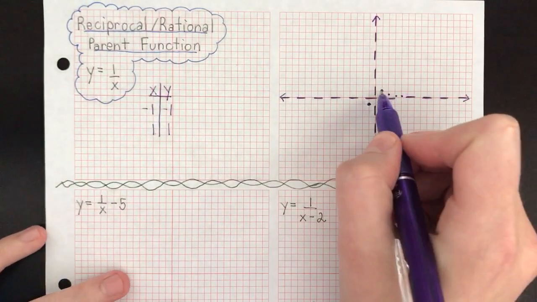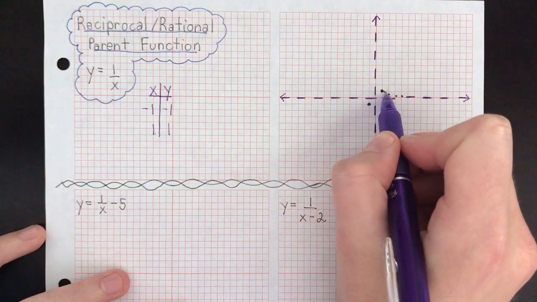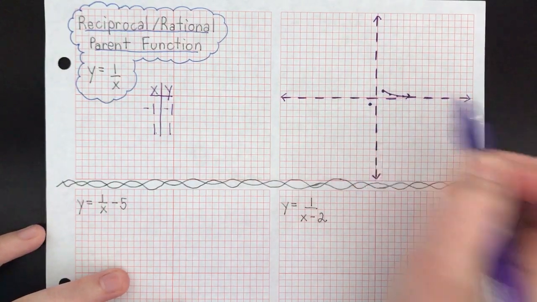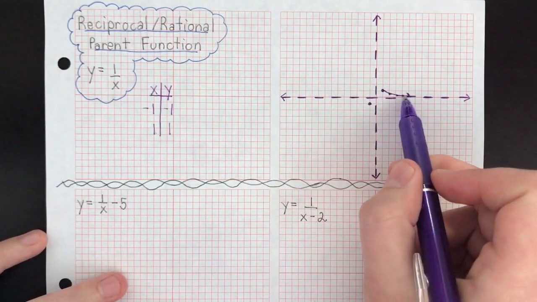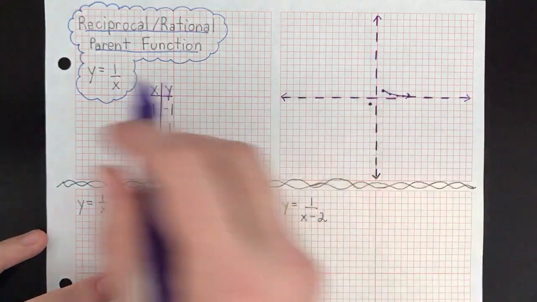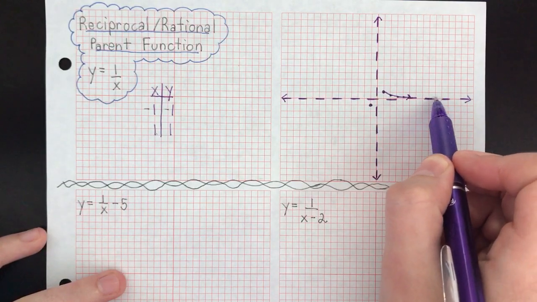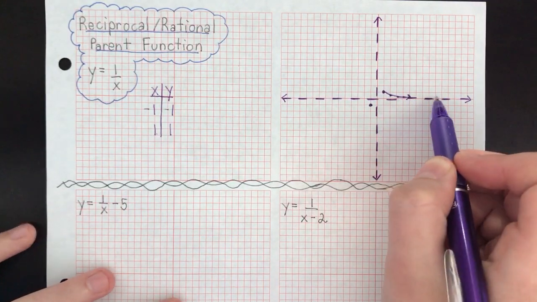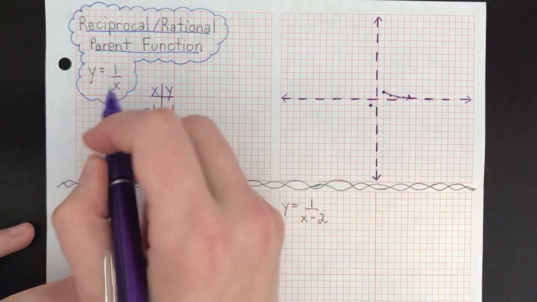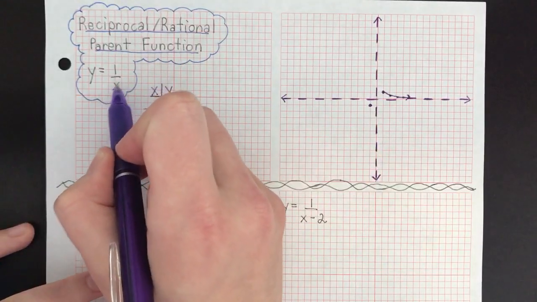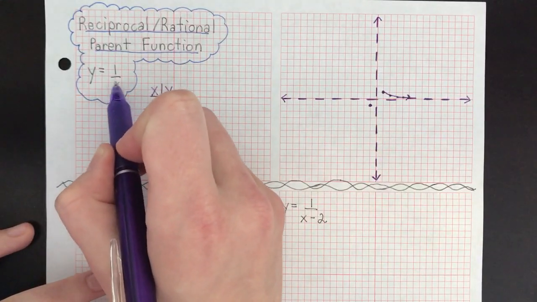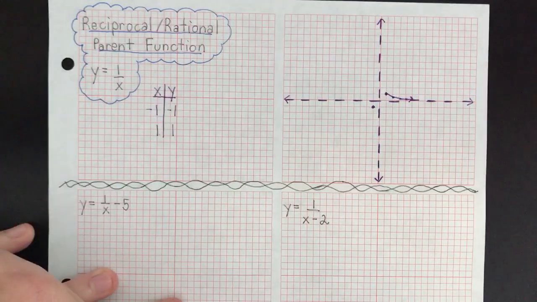You can see that this graph on this side is going to hug this asymptote forever and always, because every single time your x value gets larger, your fraction is getting smaller and it's getting closer and closer to this asymptote, but it'll never touch because, like I said before, no matter what kind of number I put here, there's no way that my y value will be 0. Pretty cool, huh?